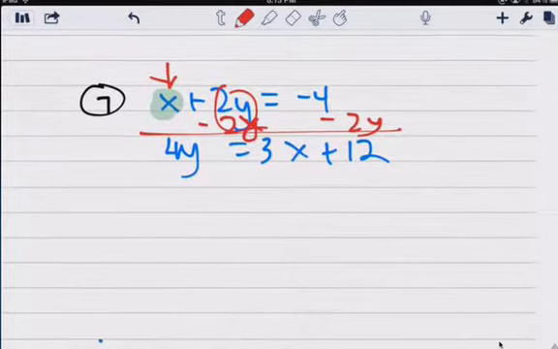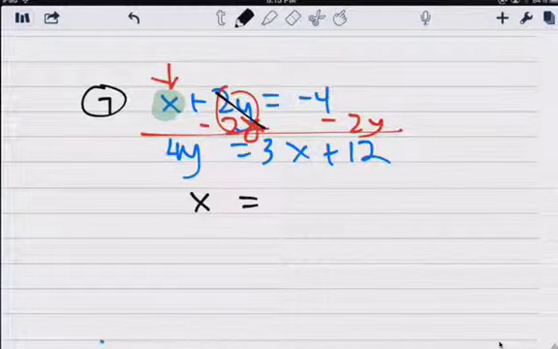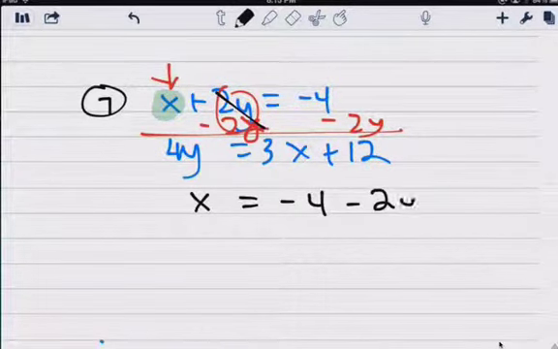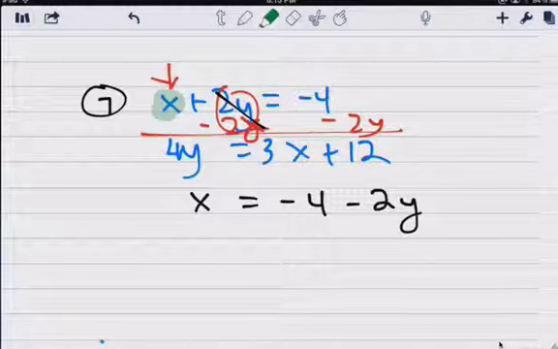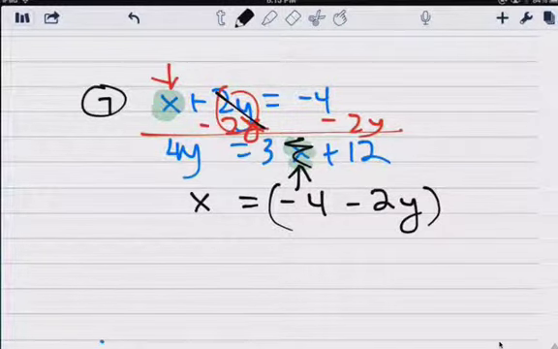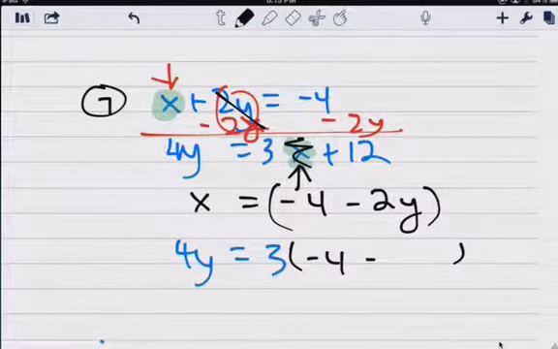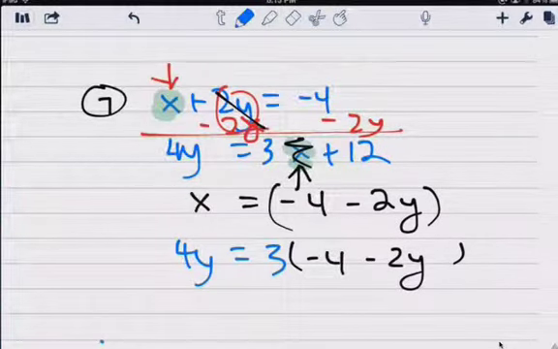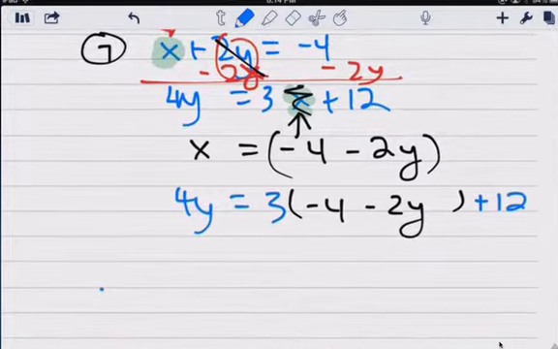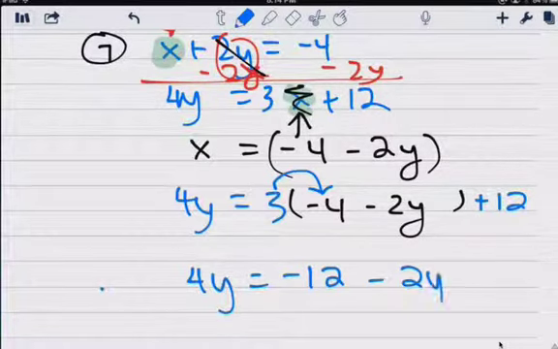My answer here is x equals negative 4 minus 2y. So for this x here, I eliminate that, and I substitute this into there. So I get 4y equals 3, and I substitute that x for negative 4 minus 2y, and then plus 12.